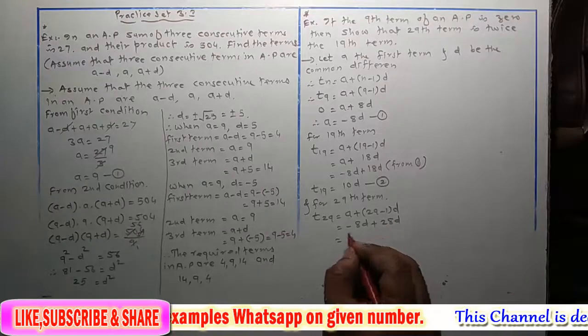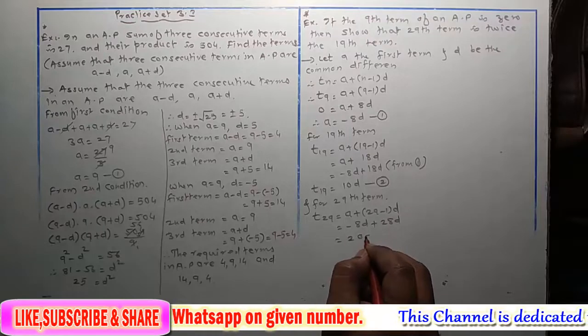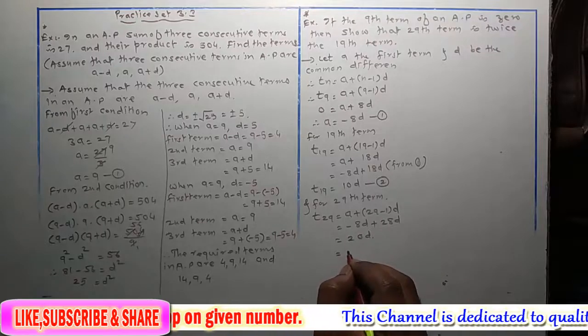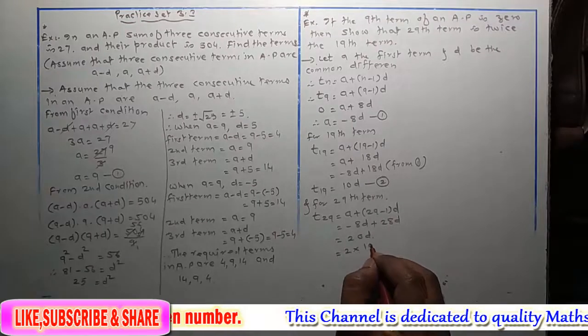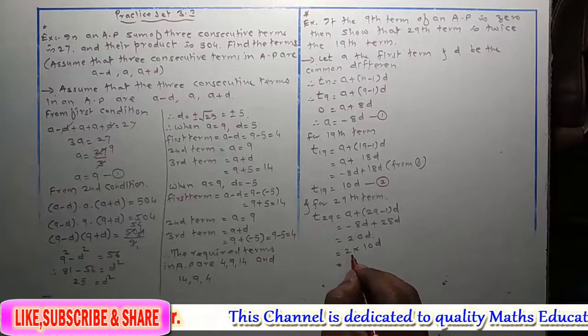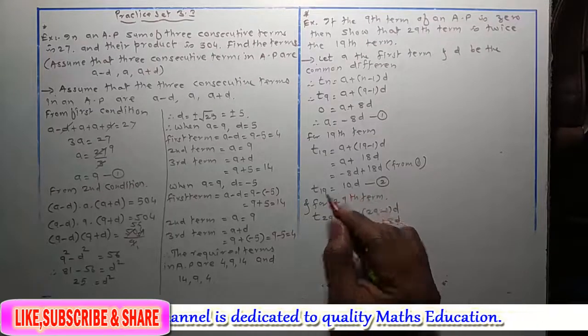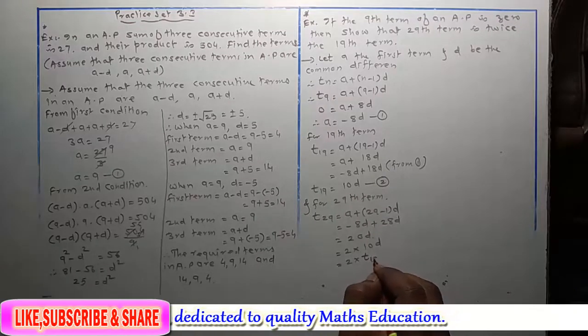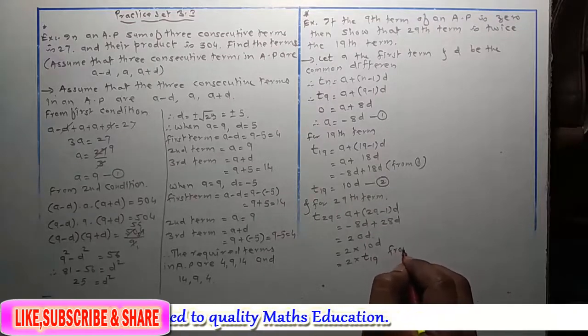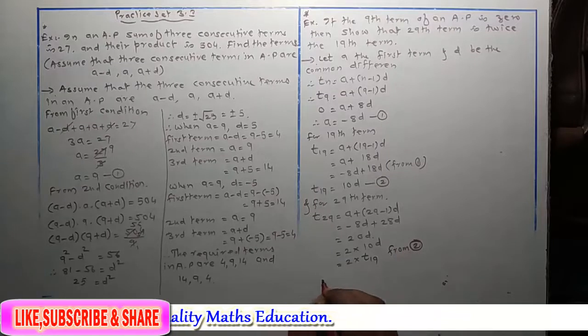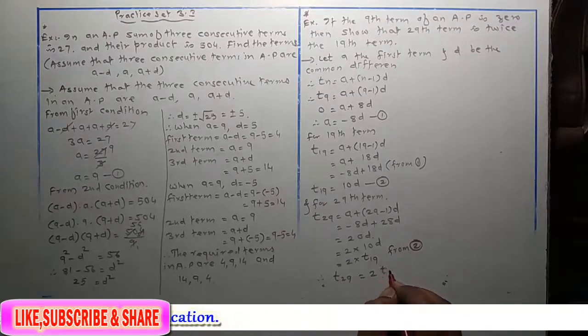It is again different signs are there, so you will get 20d, and 20d we can write as 2 into 10d. Okay, that is equal to 2 into 10d. From equation 2, 10d is nothing but T19, so we put that value T19. This is from 2. Okay, and therefore T29 is equal to 2 times or twice the 19th term that we have to show. Okay, so in this way we have to solve this example.